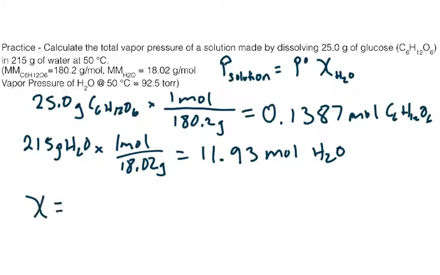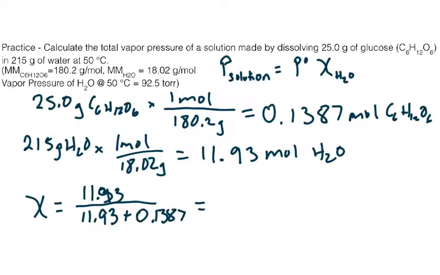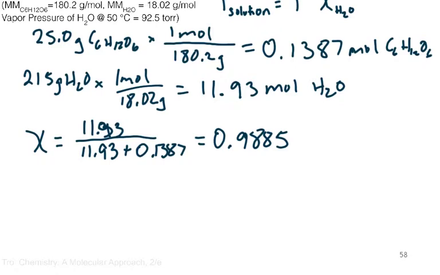Our mole fraction is going to be our 11.93 moles of water divided by the 11.93 plus our 0.1387. So we get a mole fraction of 0.9885.